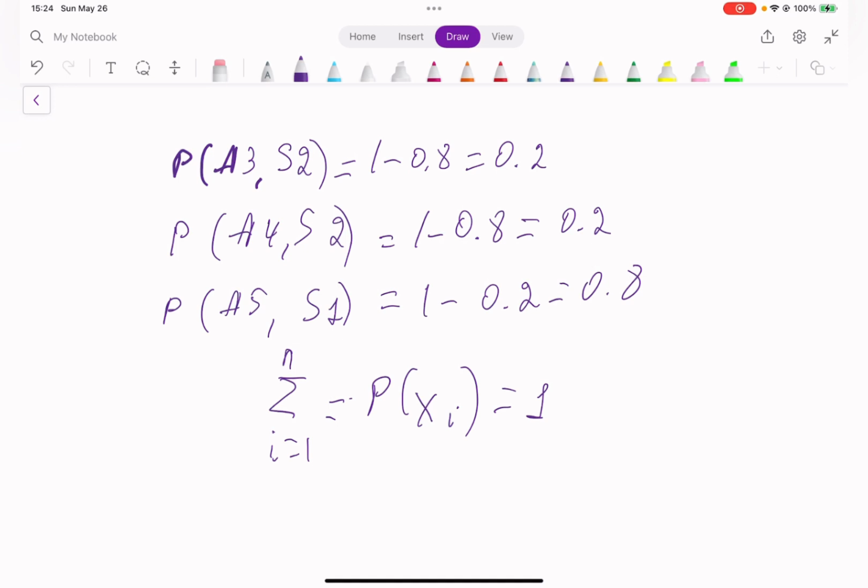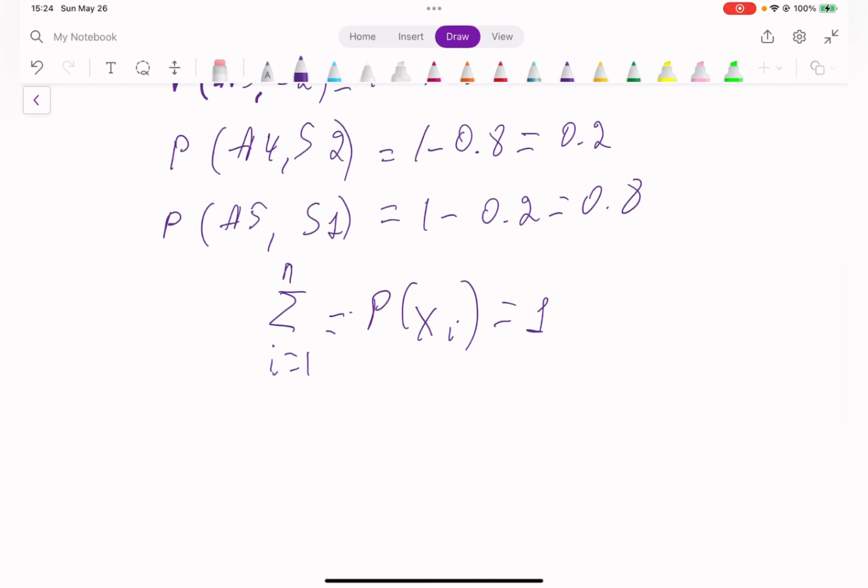So let me see, for A3, the expected value for A3 is equal to: I have probability 0.8, it's given, you can look at the picture, times the value.